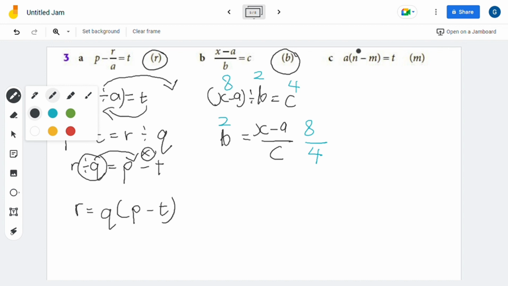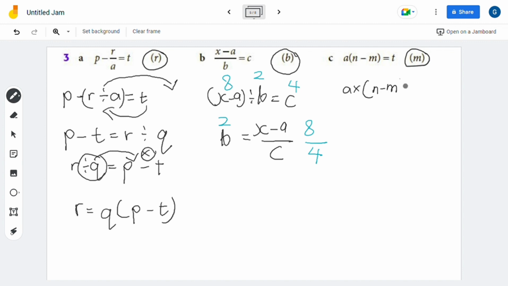Next question, a bracket n minus m equals t. We need to make m the subject. So it's basically a times n minus m equals t. So we can start by shifting a onto the other side, which will become a divide since here it's a multiply.